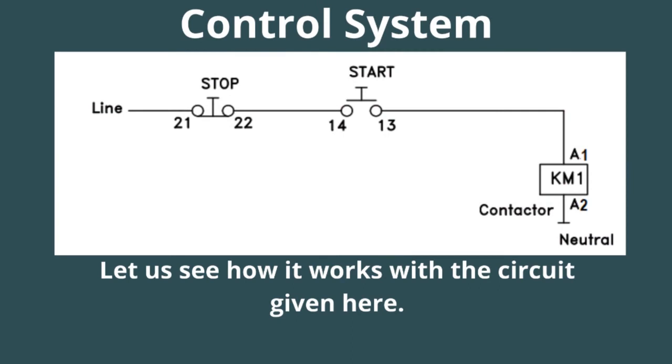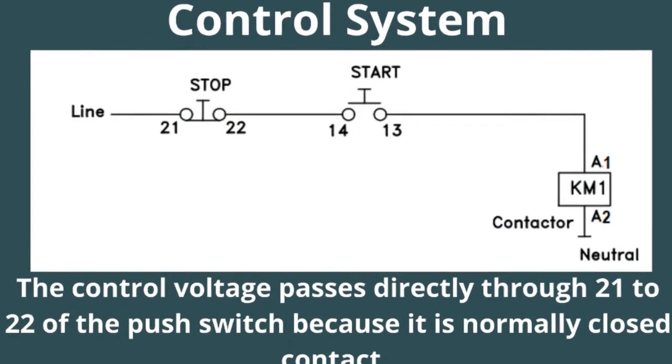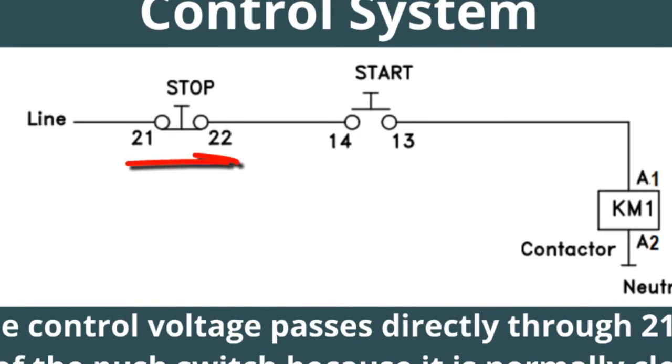Let us see how it works with the circuit given here. The control voltage passes through 21 and 22 of the stop push switch without any interruption because it is a normally closed contact.